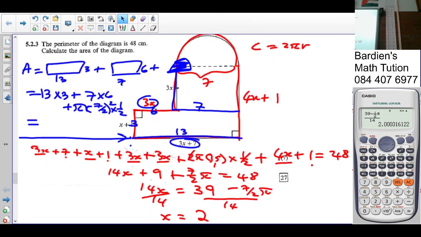So let's put that in the calculator. 13 times 3 plus 7 times 6 plus pi times 7 over 2 squared, times a half. What is wrong? Nothing. Good. I get 100,24.